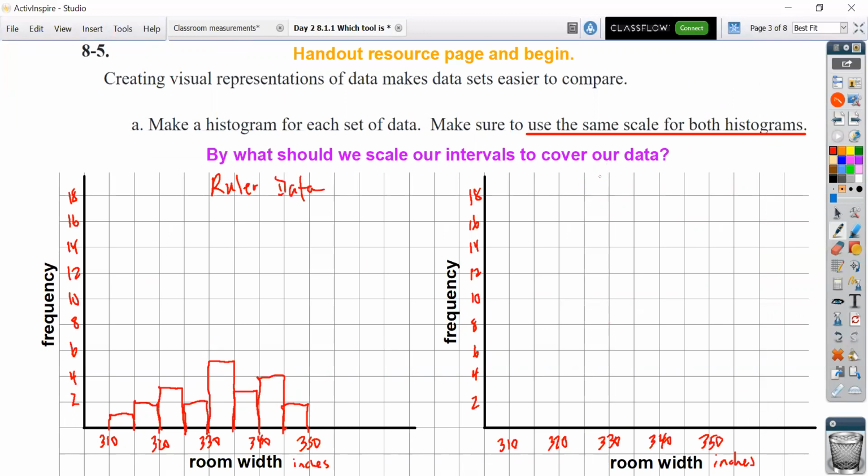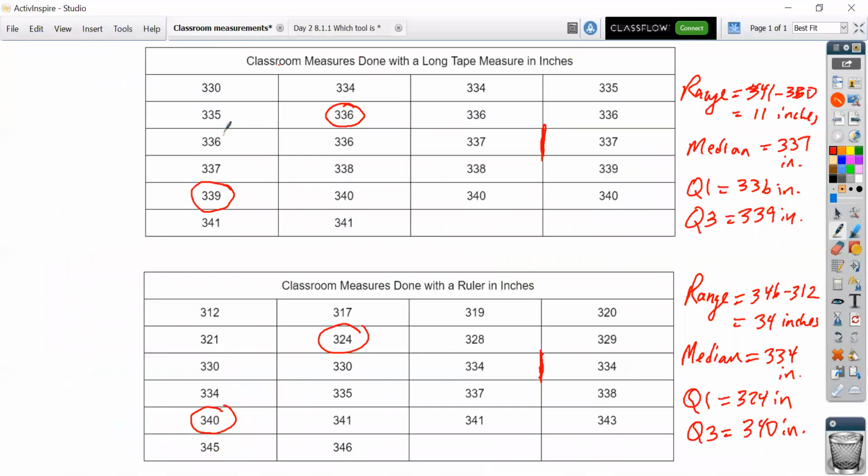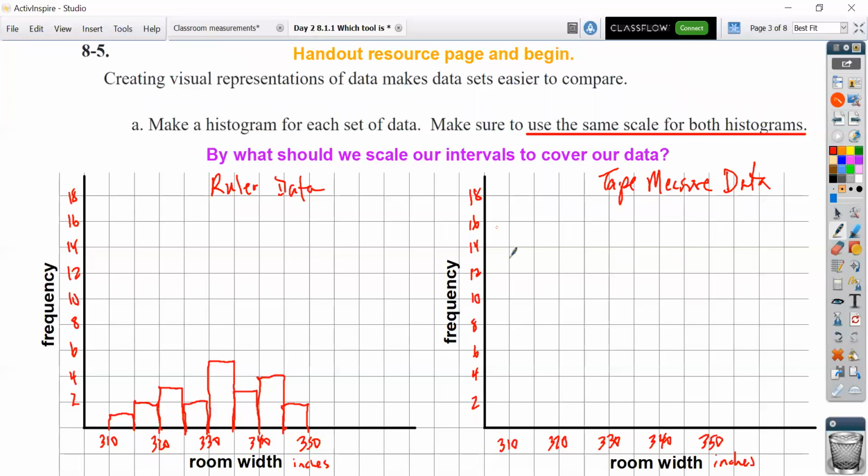And this will be the tape measure data. And in the tape measure data, we got to start around 330. So from 330 to 335 is 1, 2, 3, because that's the next bin. So 330 to 335 is 3.